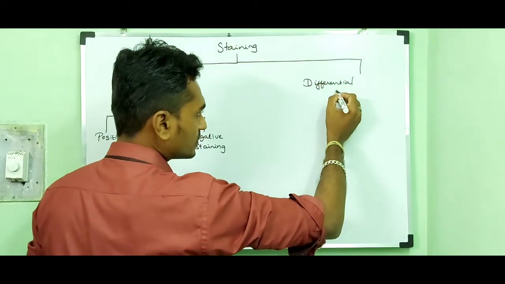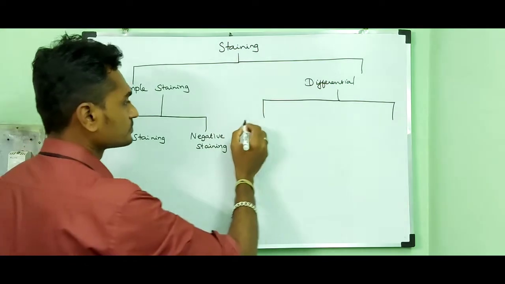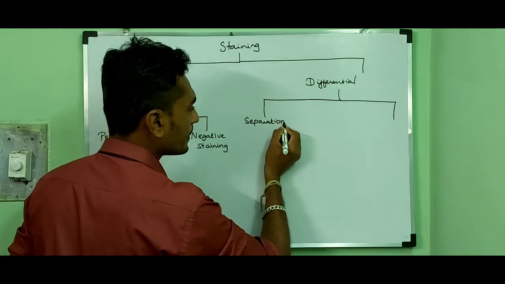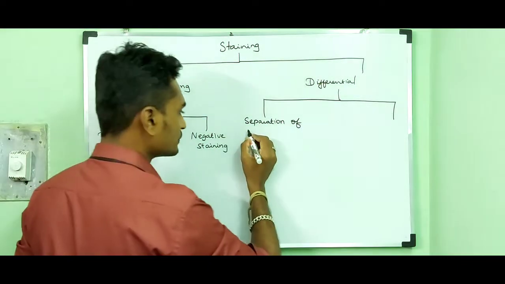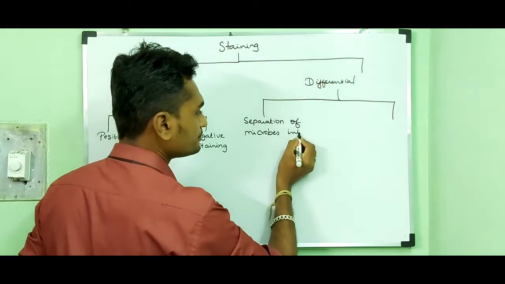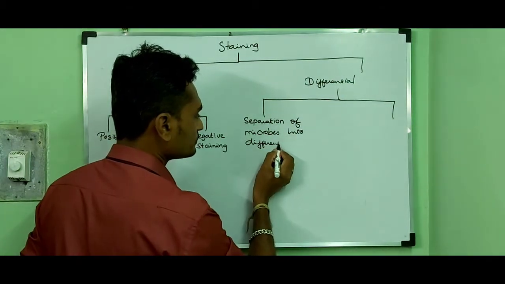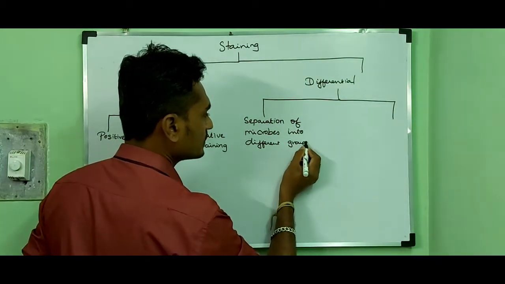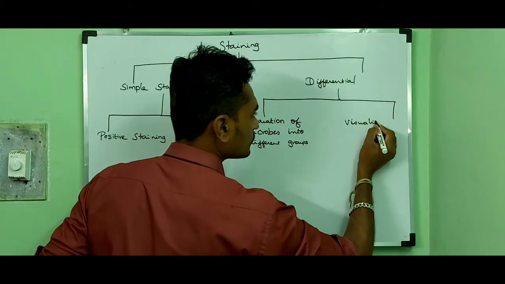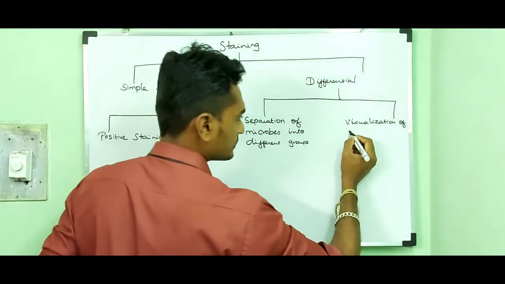Then differential staining process is again classified into two types. They are separation of microbes into different groups, then the second one is visualization of various structures.